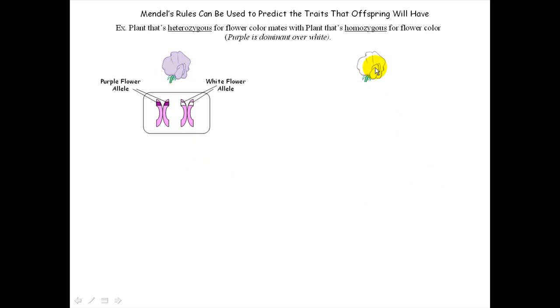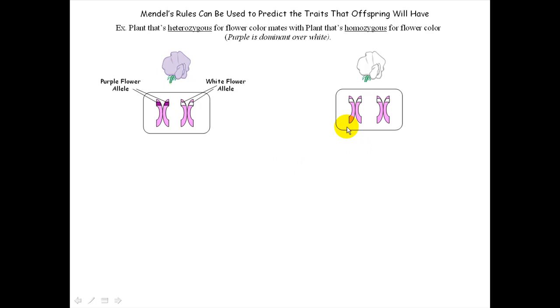If you consider this plant over here, we're telling you that it's homozygous for the recessive flower color. So if you were to take a look at the chromosomes in this plant's cells, you would expect to find an allele on one of them that is the white flower allele. And because it is homozygous for flower color, on its homologous chromosome you would expect to find the same allele, the white flower allele.